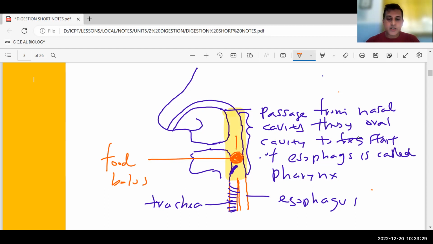When the food is going down, it allows this one to close the trachea because the tracheal opening is this place. Otherwise, food is going to go into the trachea. To prevent that, the food closes this structure called epiglottis.